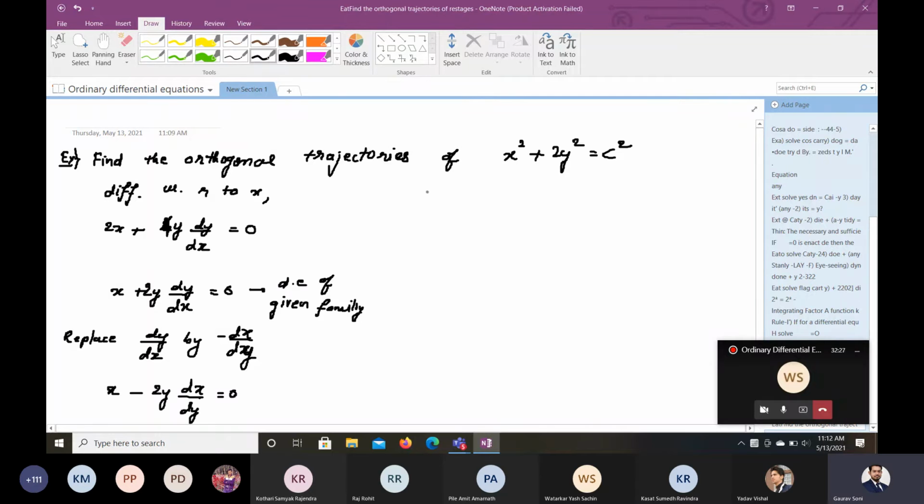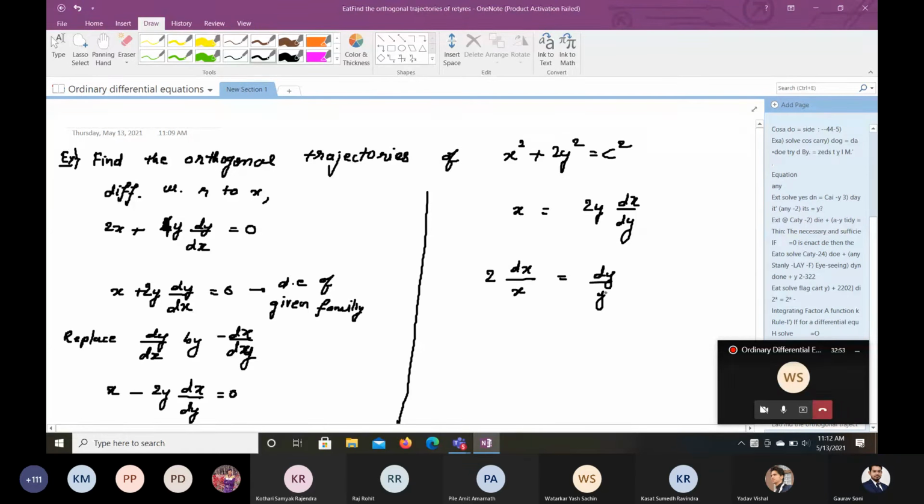Let's get it into variable separable form. So we will have x is equal to 2y dx by dy. So dx upon x on this side will be equal to dy upon y. Please check the calculations.